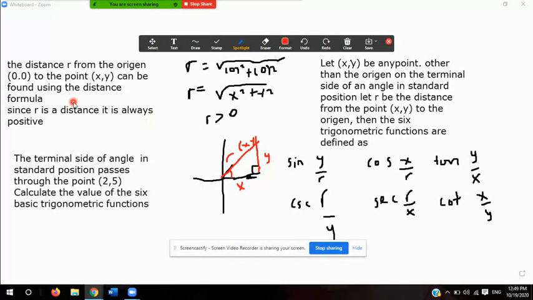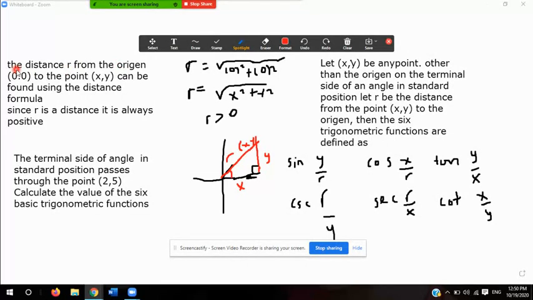So the first thing that we have to understand is that the hypotenuse, which in chapter 1 we calculated using the Pythagorean theorem, is now going to be calculated by using the distance formula, which is kind of a derivative of the Pythagorean theorem. And instead of saying c, we're going to assume that the distance is r.